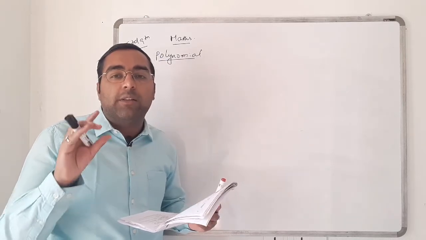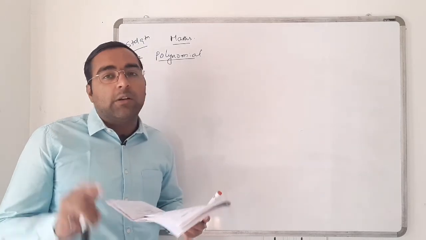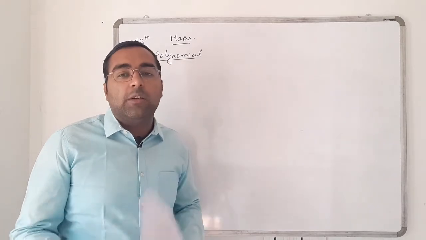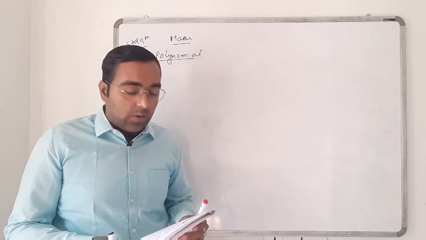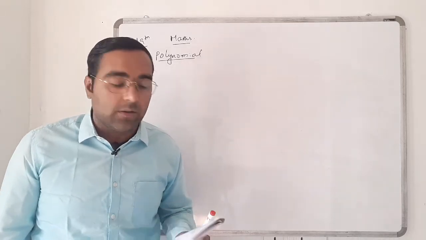So A, B, C are all not polynomials in variable x, and option D, all of the given, is the answer.